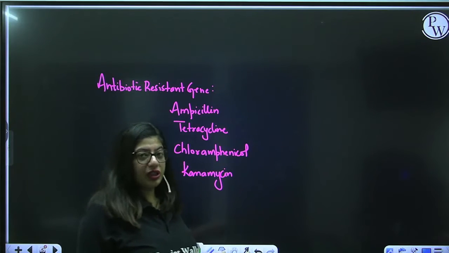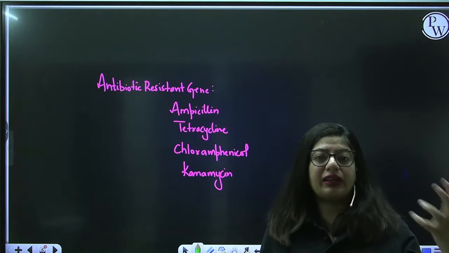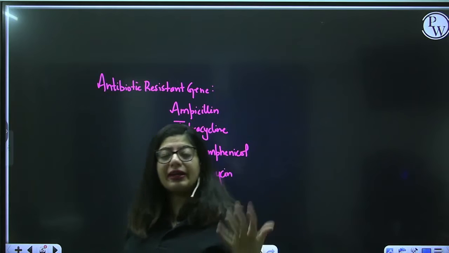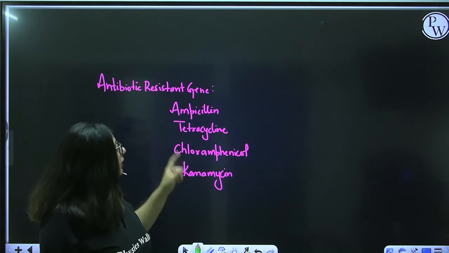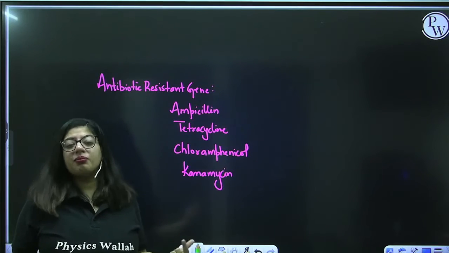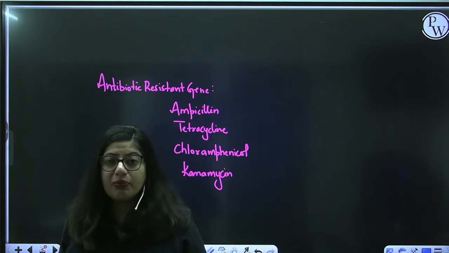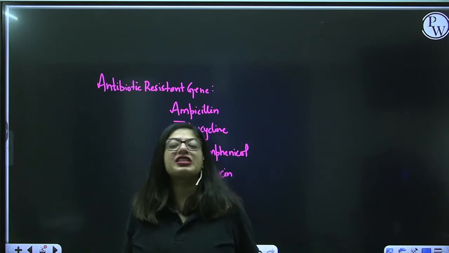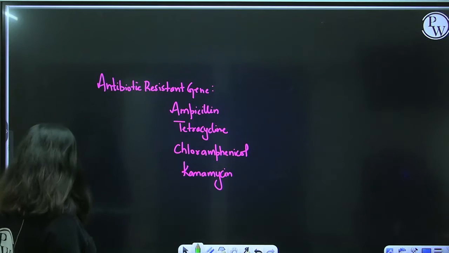These are certain genes which make a bacteria resistant to an antibiotic. For example, if a plasmid has an ampicillin resistant gene, then if that plasmid is in a bacteria, the bacteria can easily survive in the presence of ampicillin, because this gene is making the bacteria resistant towards ampicillin. Got it? So these are the various selectable markers.